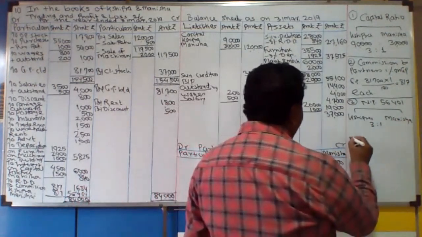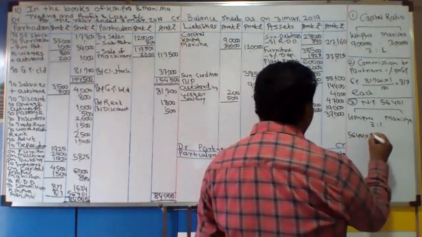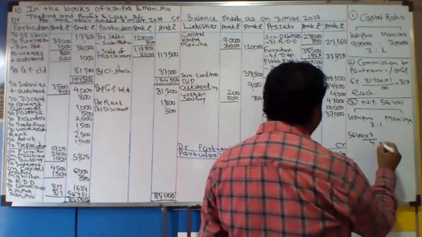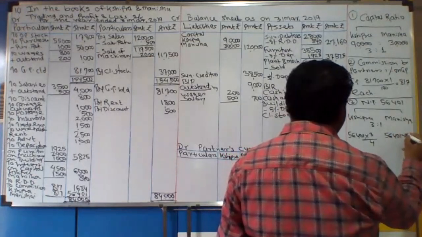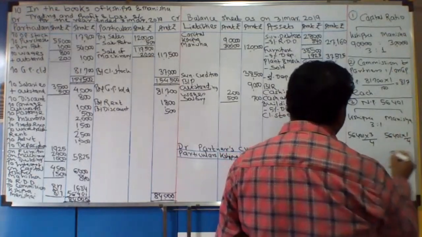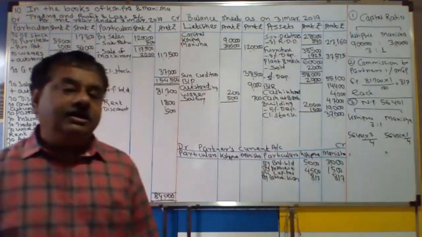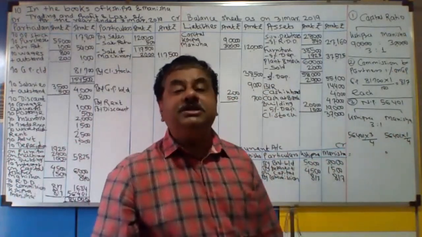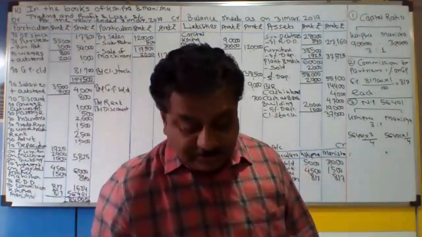So how will you calculate? 56,401 multiplied by 3/4 for Kshipra, 56,401 multiplied by 1/4. Okay. If you are doing the calculation in this way, you are getting the answer in fractions. Let us first try multiplying by 1/4.